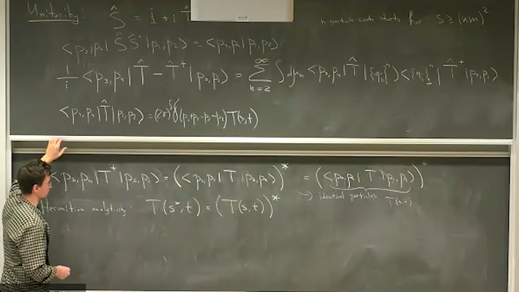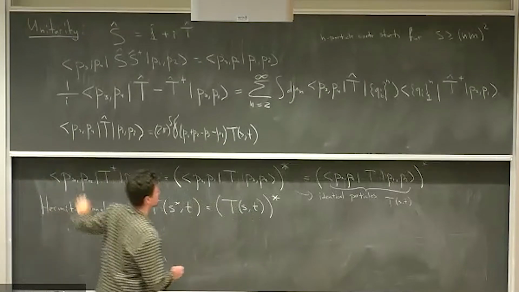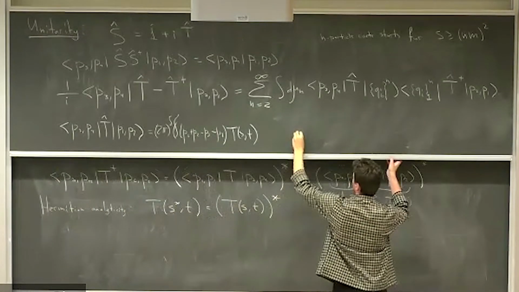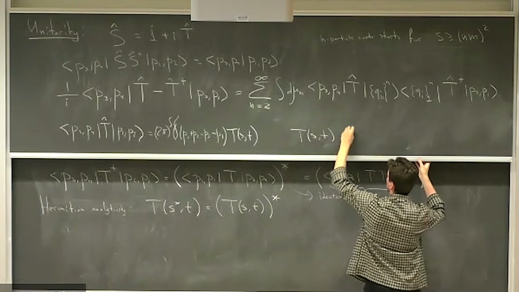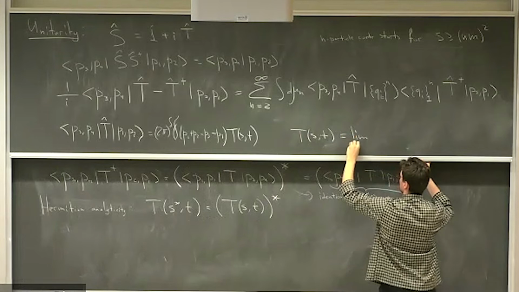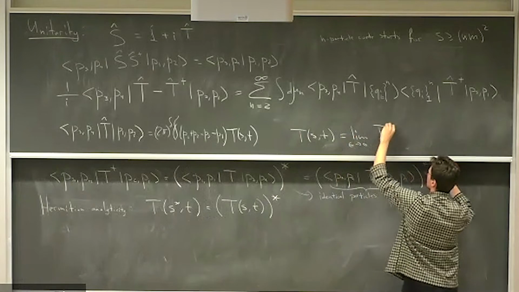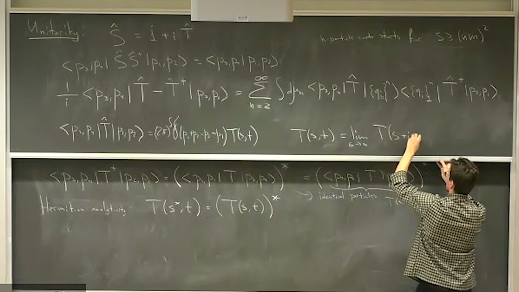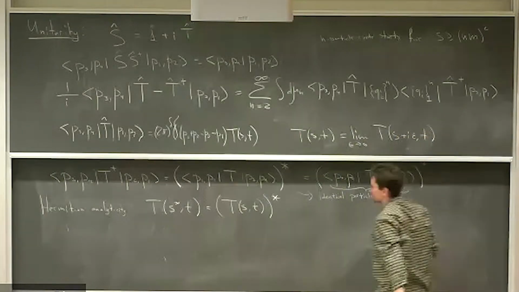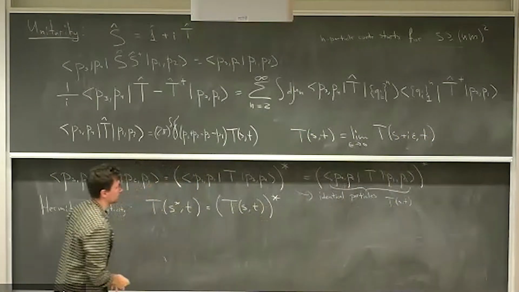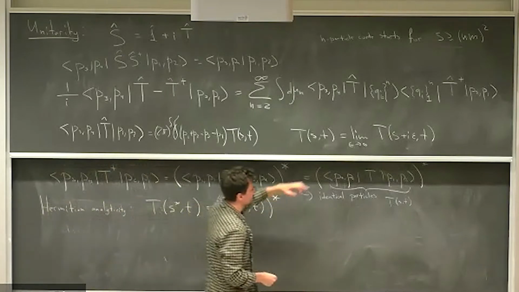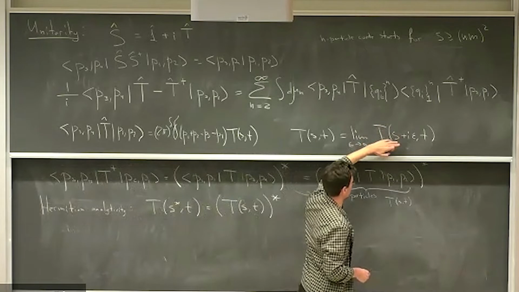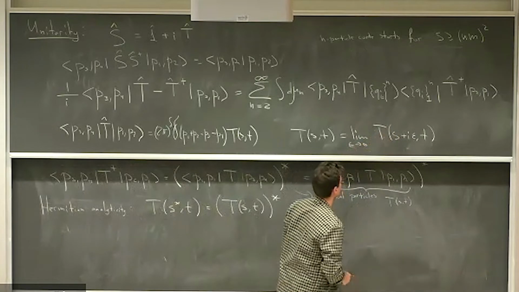Remember, first of all, we described our physical amplitude in the i epsilon description. So when we talk about some physical scattering, we can imagine that we take S to be slightly in the upper half plane and then take the limit.